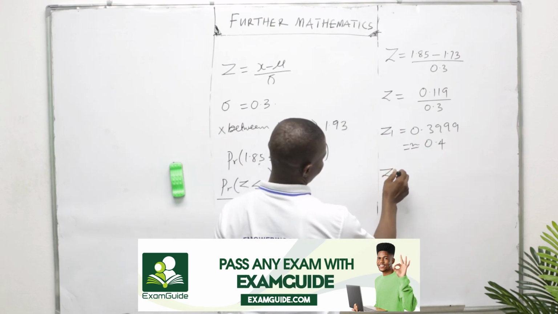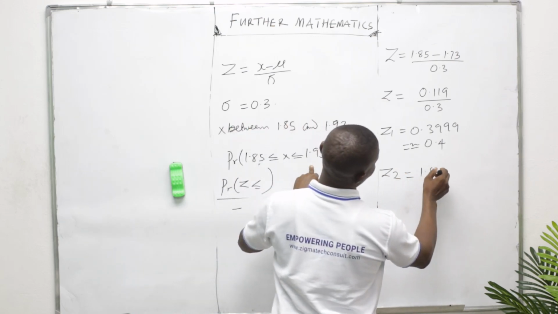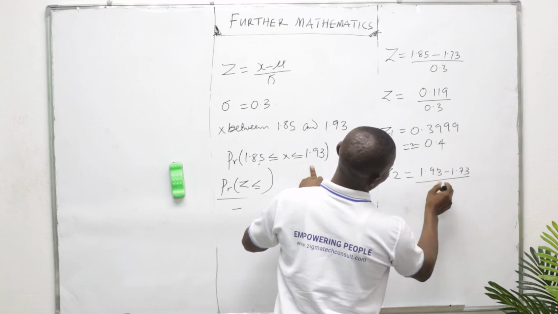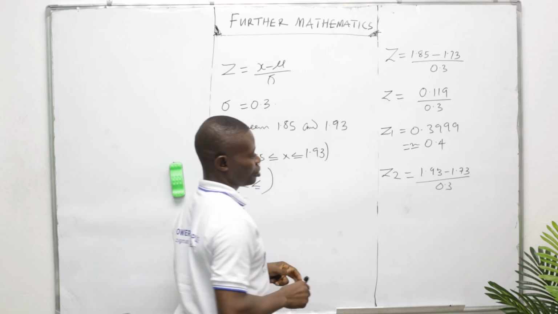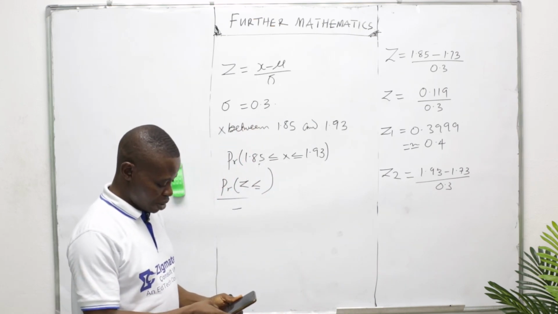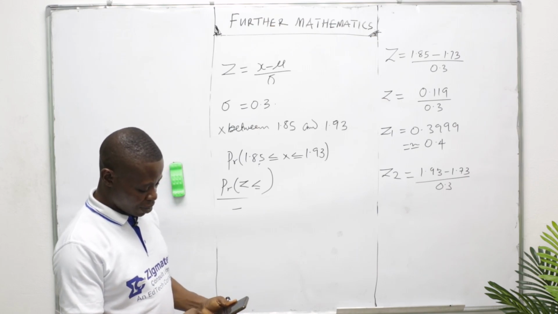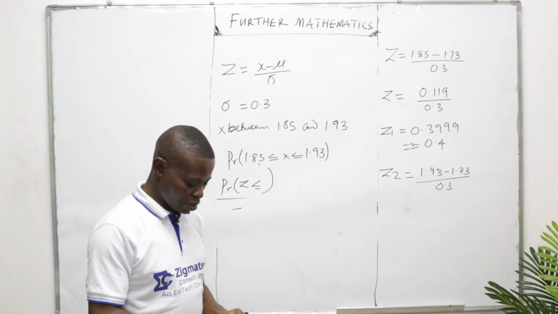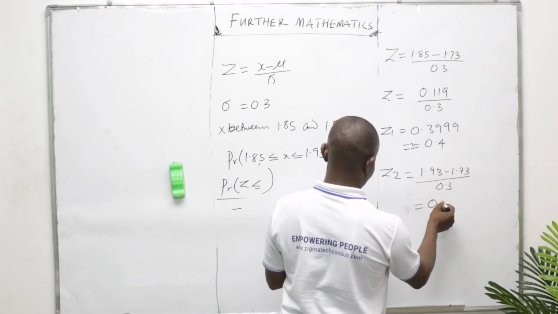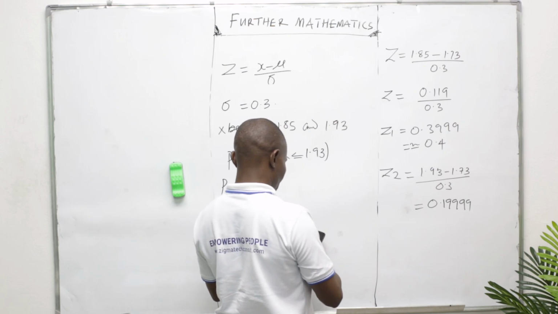Now Z2 equals 1.93 minus 1.73 divided by 0.3. This will give us 1.93 minus 1.73 equals 0.19999 all over 0.3.